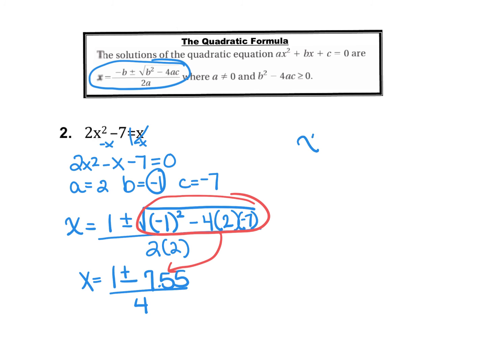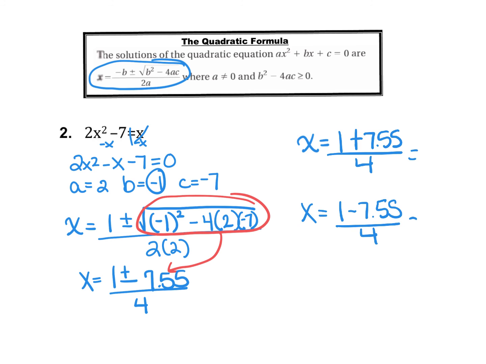So x is equal to 1 plus 7.55 divided by 4, and then x is equal to 1 minus 7.55 divided by 4. The two answers you'll get when you simplify are 2.1 and also -1.64.